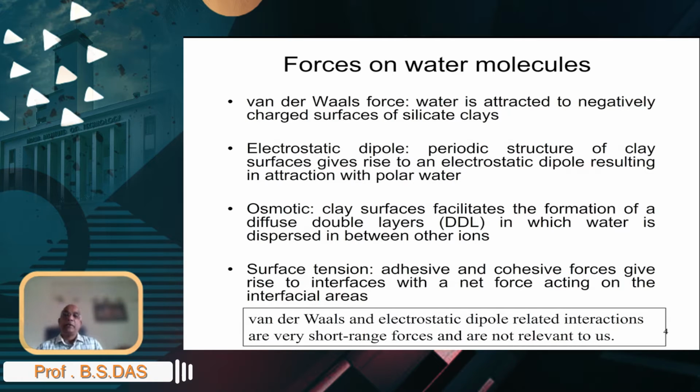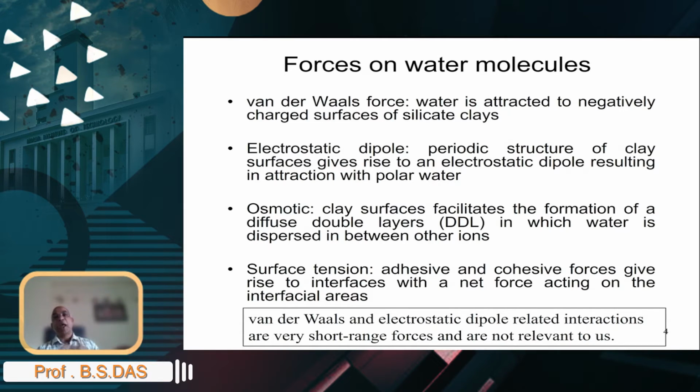You have one layer of alumina octahedra and one layer of silica tetrahedra forming a 1:1 lattice, and you have a number of such structures, say for example kaolinite having a 1:1 or montmorillonite having a 2:1 structure.